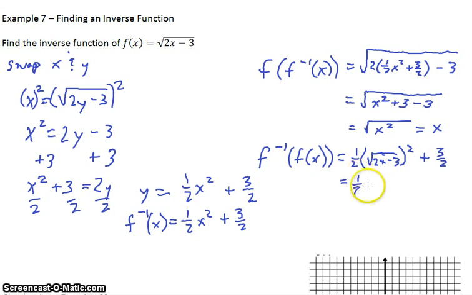That clears out the square root, but I still have this all in parentheses. Now I have to distribute the 1/2, so I have 1/2 times 2x, which is just x, minus 3/2 plus 3/2. Those cancel out, you're left with x.